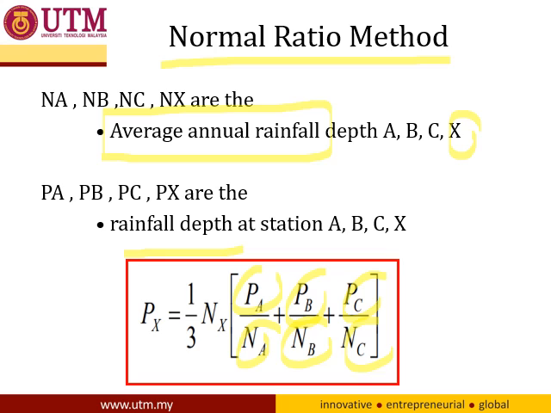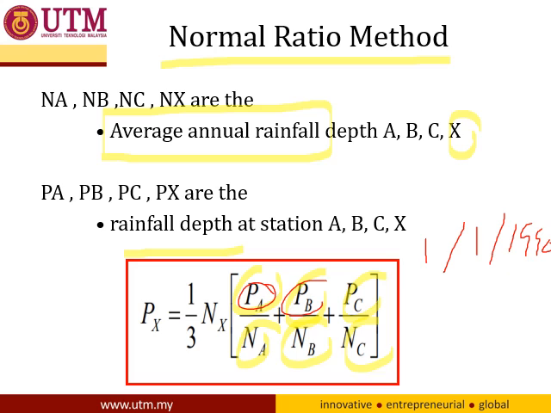Remember the example: the missing rainfall data is on, let's say, 1 January 1990. So PA is the rainfall data during 1 January 1990.